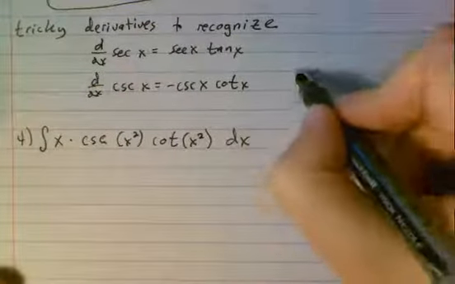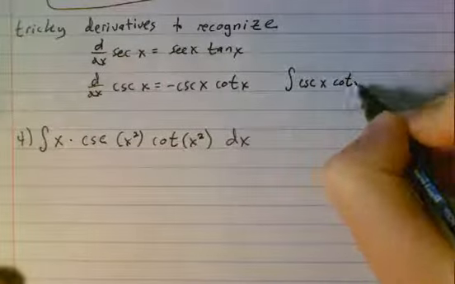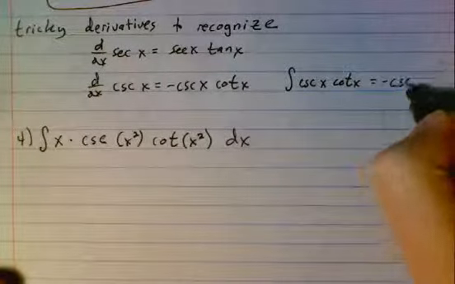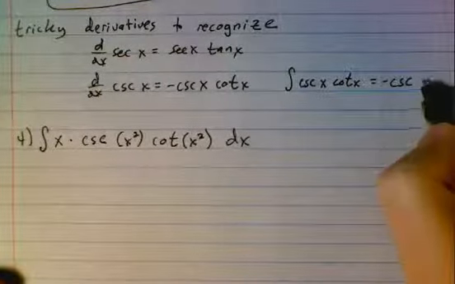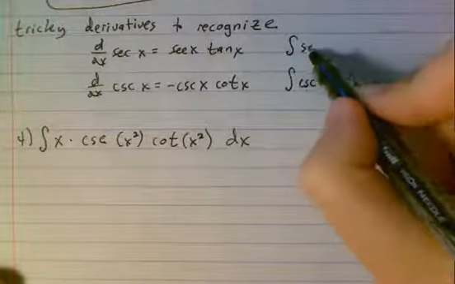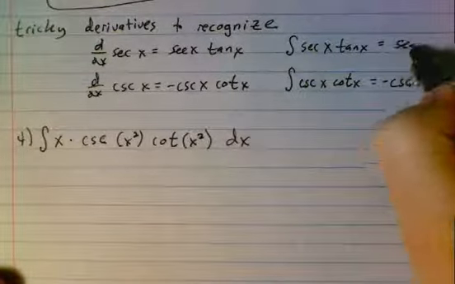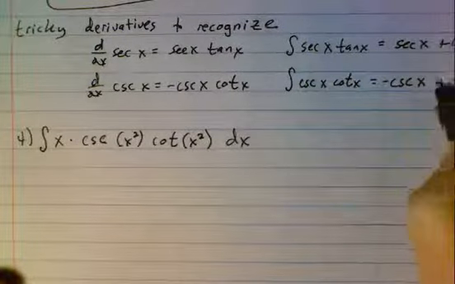It's this antiderivative here. The antiderivative of cosecant x cotangent x equals negative cosecant x. And likewise up here, antiderivative of secant x tangent x equals secant x plus c. Can't forget the plus c's.